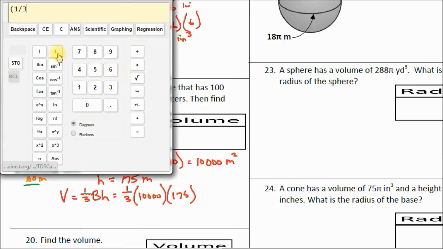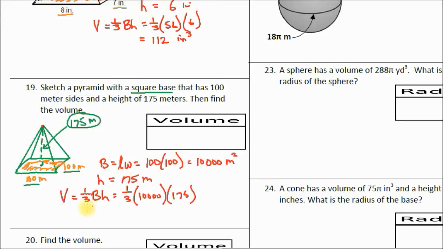1 divided by 3 times 10,000 times 175 equals 583,333.33. We're going to leave that there because the next 3 does not round up. So we just cut off everything past the second decimal.